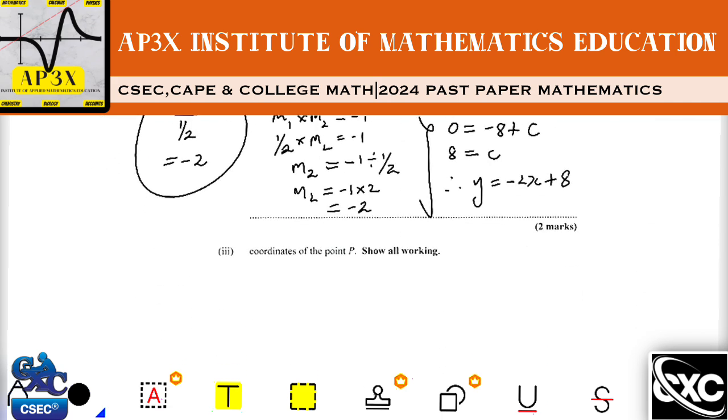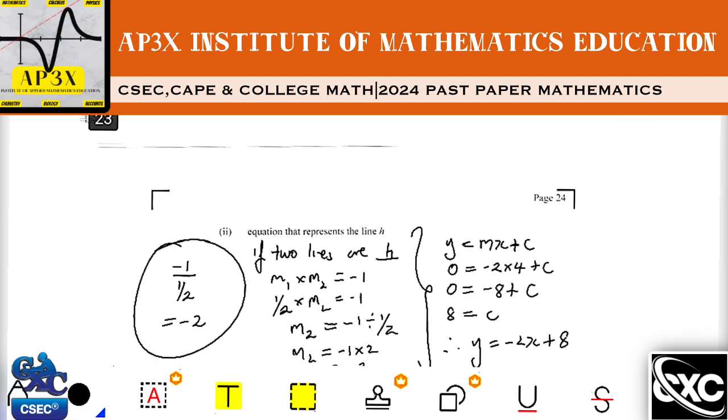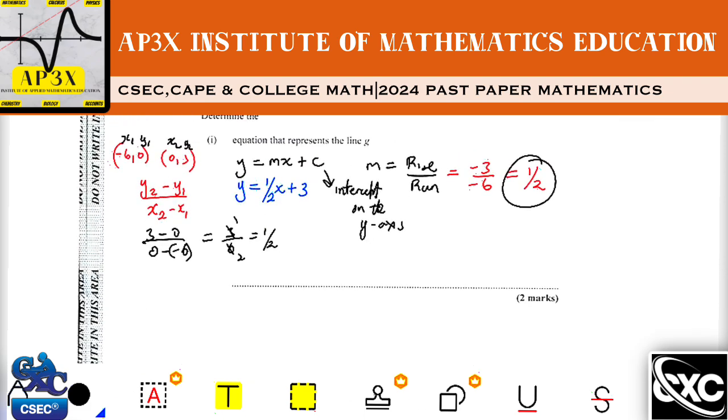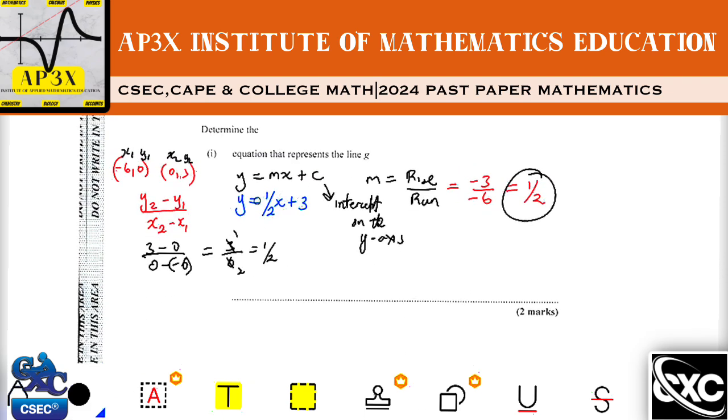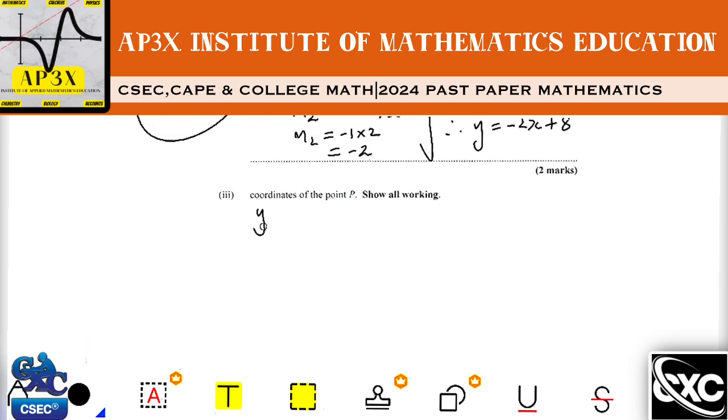equations simultaneously. So therefore the equation of the line G, we had calculated to be y equals a half x plus 3. I can just rewrite that a little bit better. Let's multiply everything here by 2.